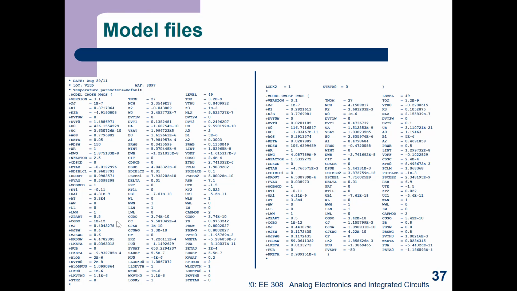This is a model file for the transistors that we used in the VLSI class. VLSI is very large scale integrated circuits, which just means circuits made with a lot of transistors. In that class, we were going to fabricate chips.